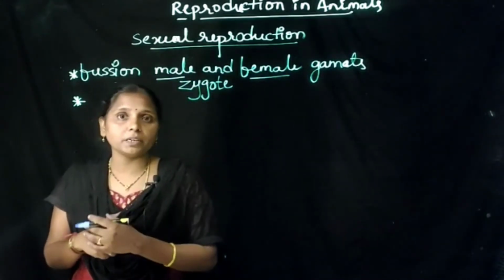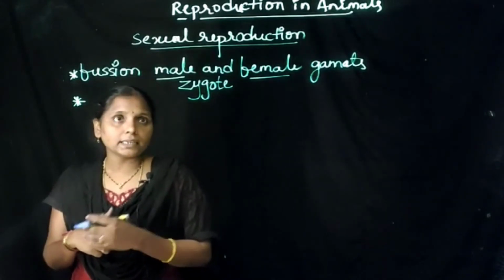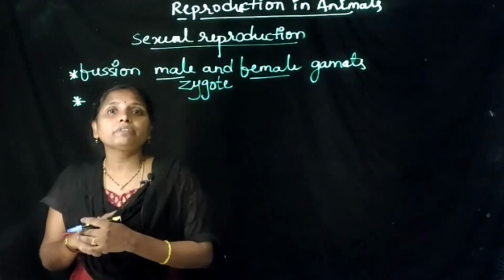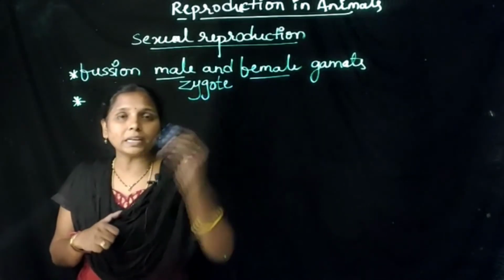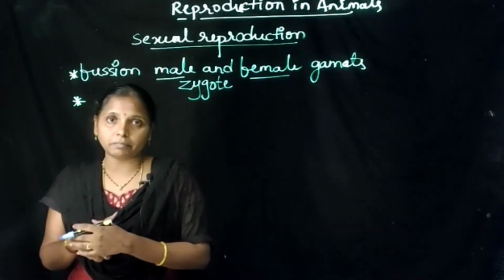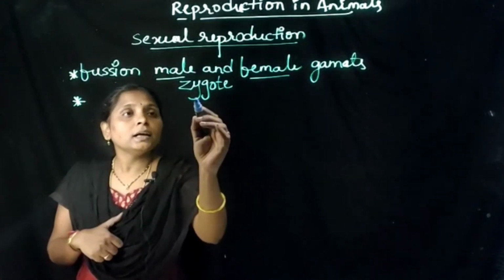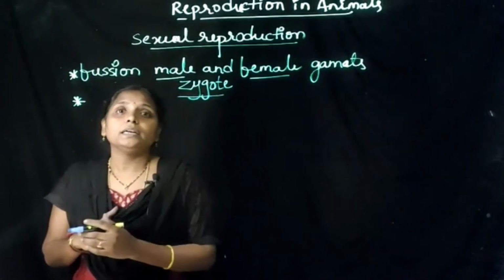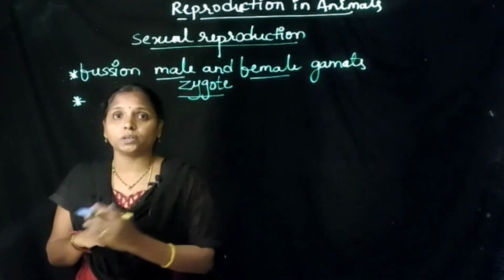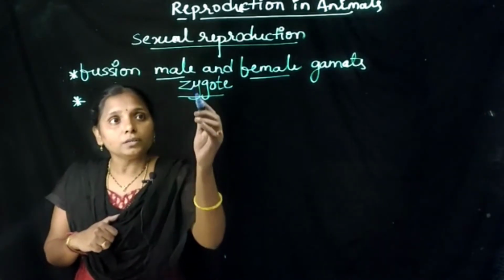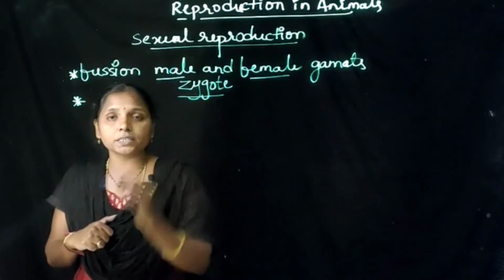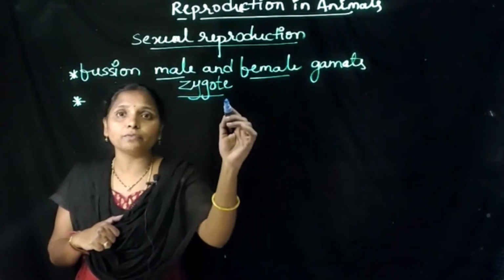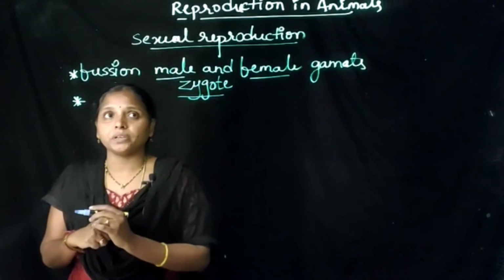Male and females. Commonly, we think that females are giving birth to their babies, so that's why females are very important for reproduction. But it is not like that. That baby develops from the zygote. So, to form the zygote, the participation of both male and female is compulsory.